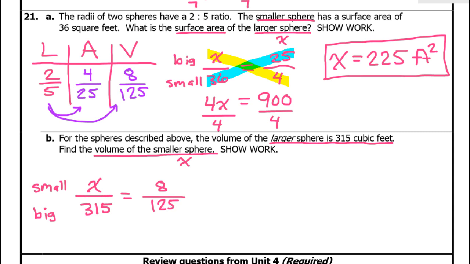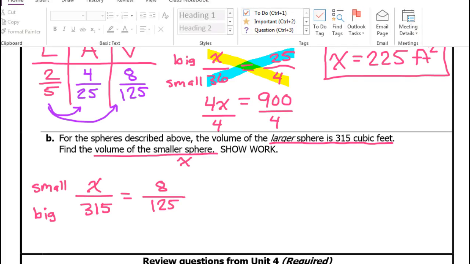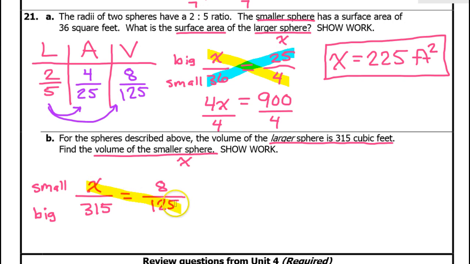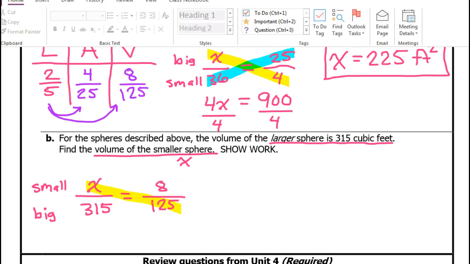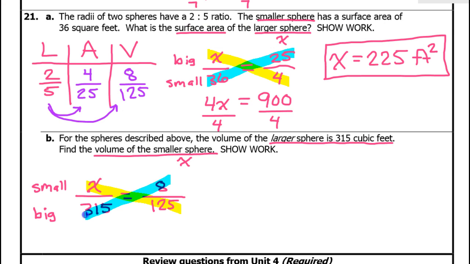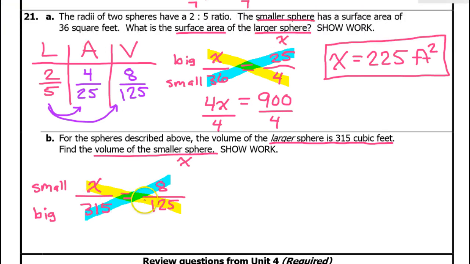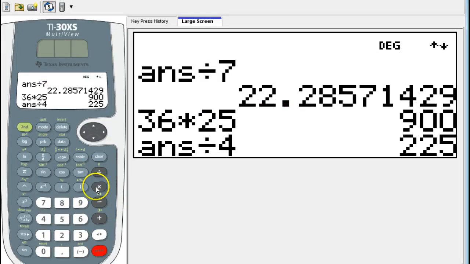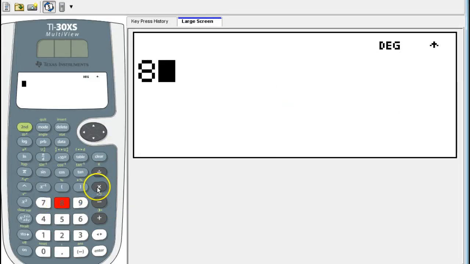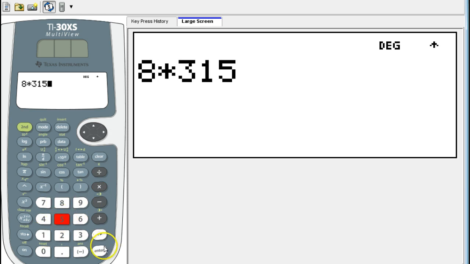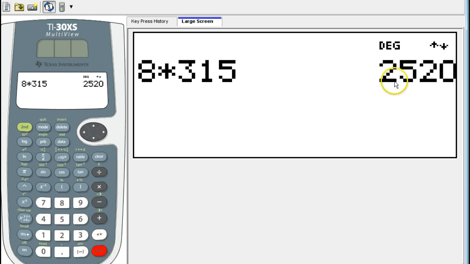So now it's time to cross multiply. So we will multiply the yellow diagonal, and we will multiply the blue diagonal, and we will set those equal to each other. So the yellow diagonal gives us 125x equals whatever 8 times 315 is. All right, that's 2,520.